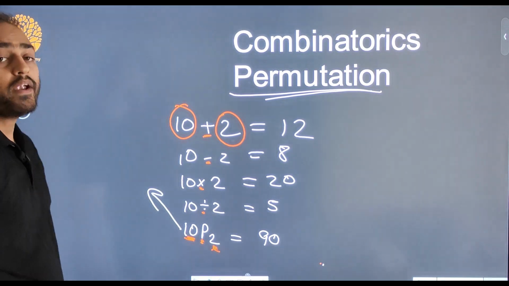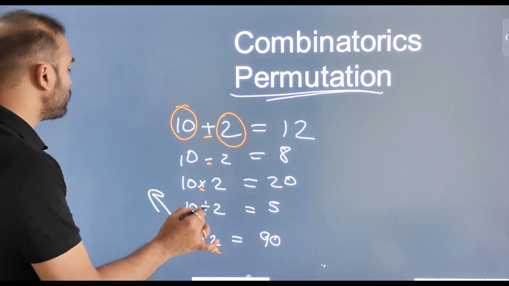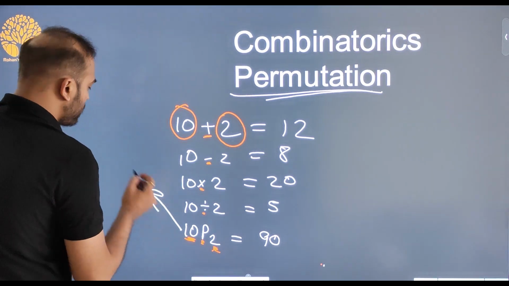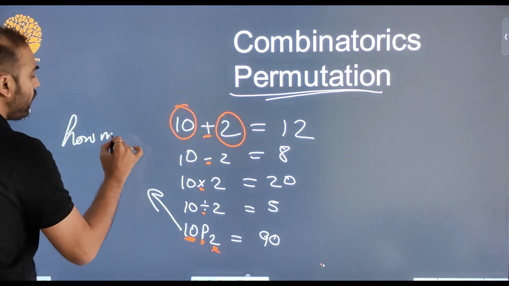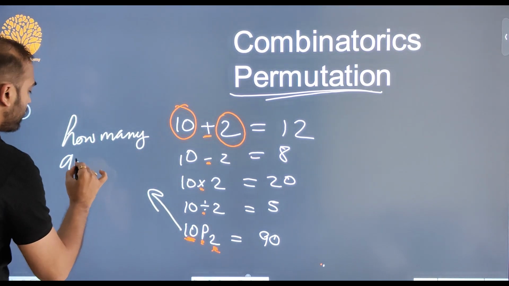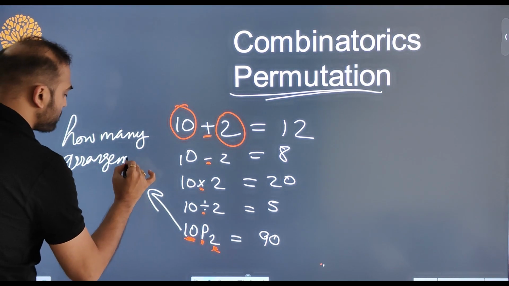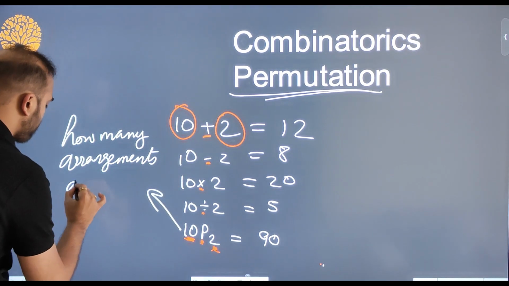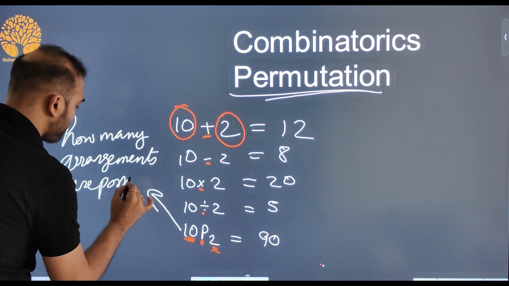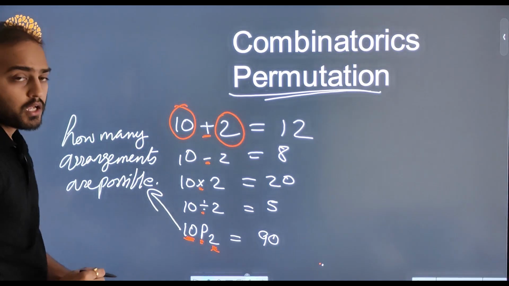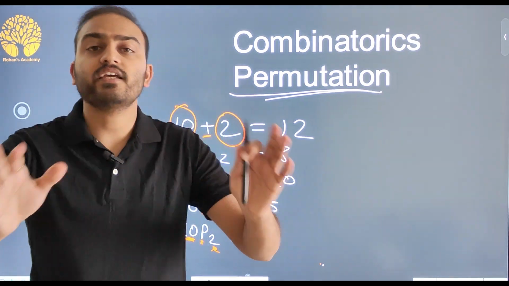So the question comes, when do we use permutation? We use permutation to tell us how many arrangements are possible. Permutation will not arrange things for you.